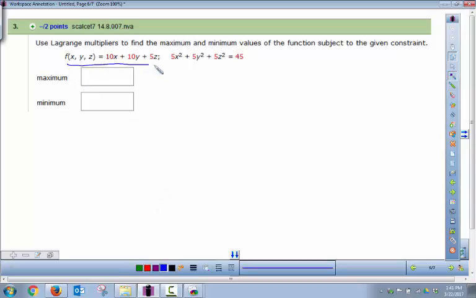Your function is f is equal to 10x plus 10y plus 5z, and then your constraint is 5x squared plus 5y squared plus 5z squared is equal to 45. So this is happening now in 3 dimensions, and our function is really living in the 4th dimension because it's a function of 3 variables. But it's going to be the same deal.